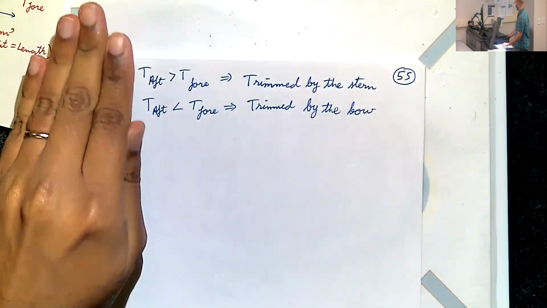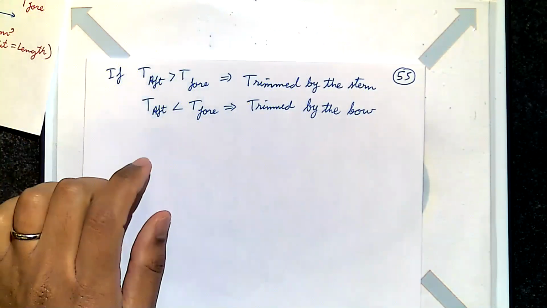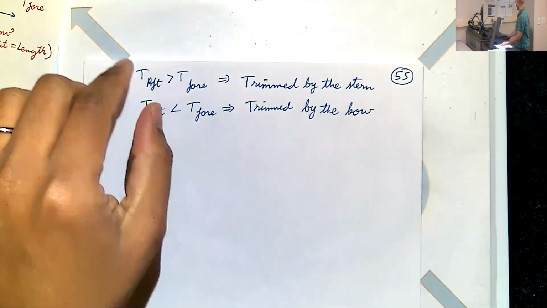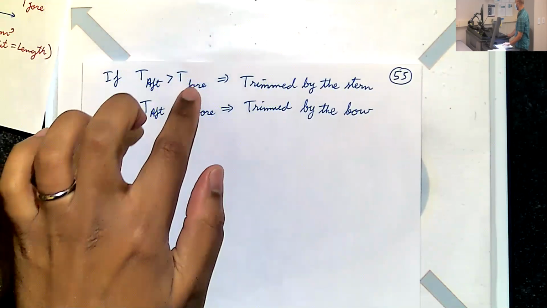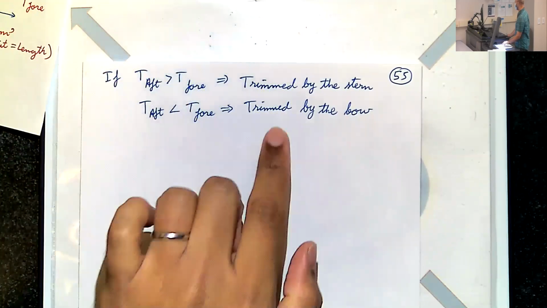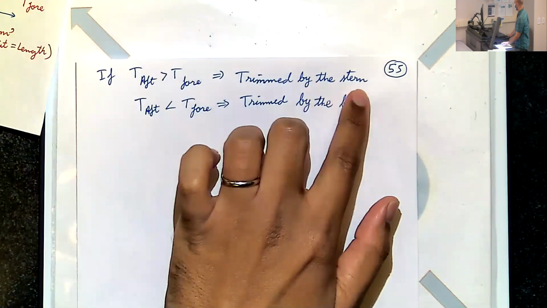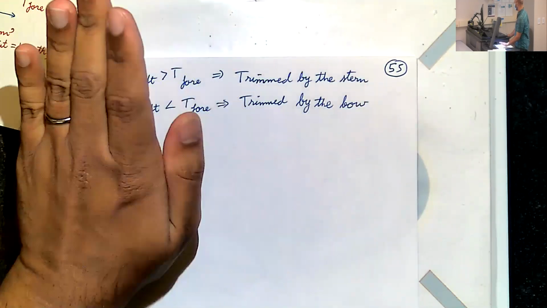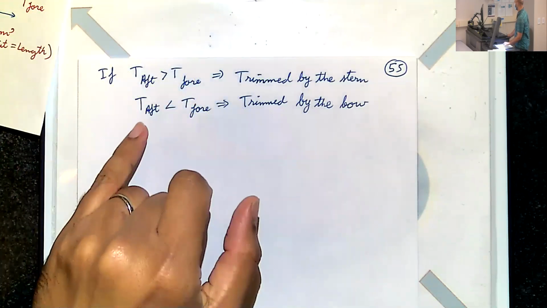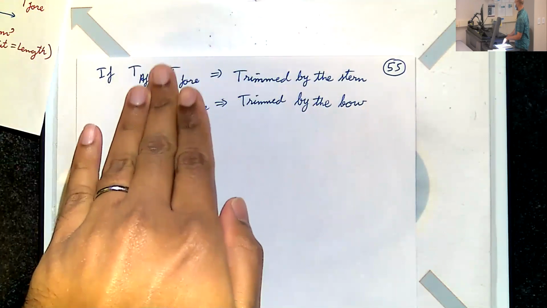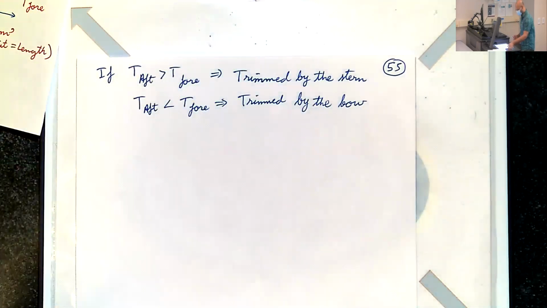Think about this. Aft. Nose up. Yeah, it's nose up. The aft is submerged more than the fore, so it's basically nose up. And whoever's riding lower into the water, we call it trimmed by that part, trimmed by the stern, because our stern is riding lower. In this case, we have nose down, trimmed by the bow, because the bow is riding lower in the water.